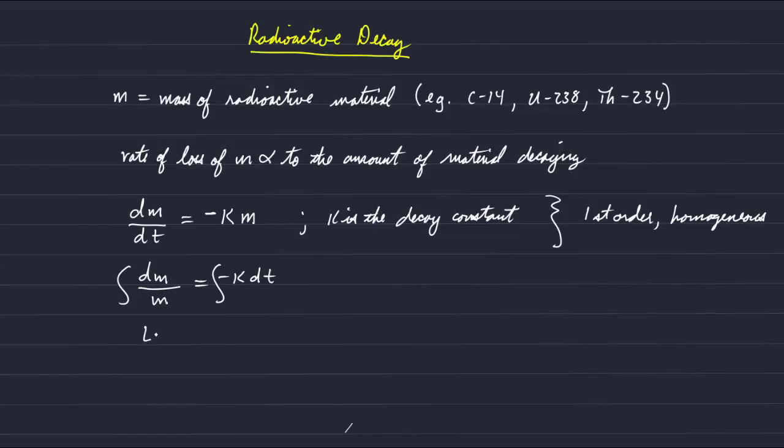And when we do that, we get the log of the absolute value of m is equal to minus kt plus a constant c. And the solution gives m is equal to m naught e to the minus kt, where m naught is given by the constant.